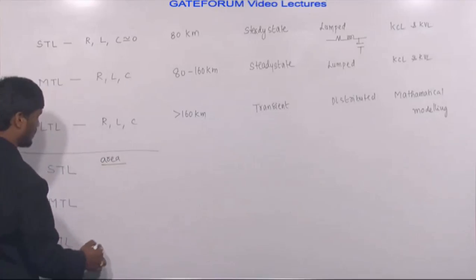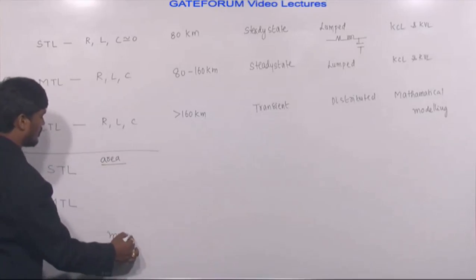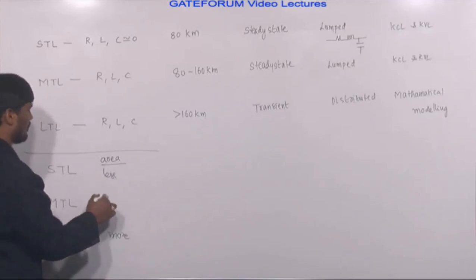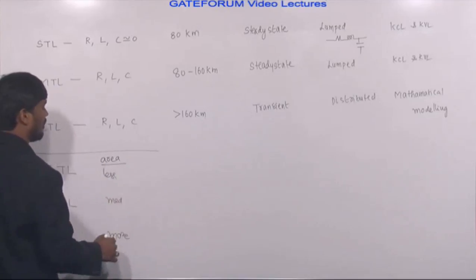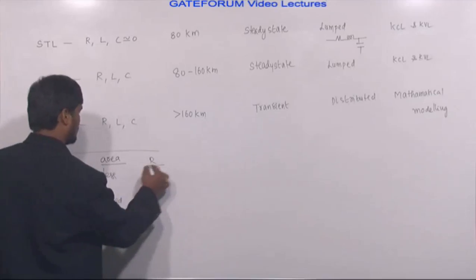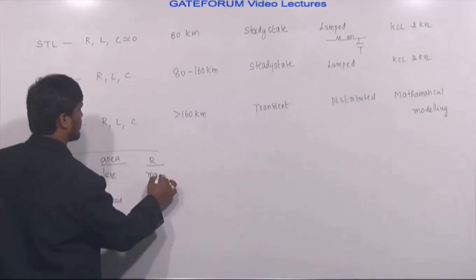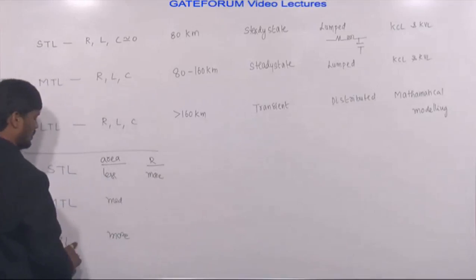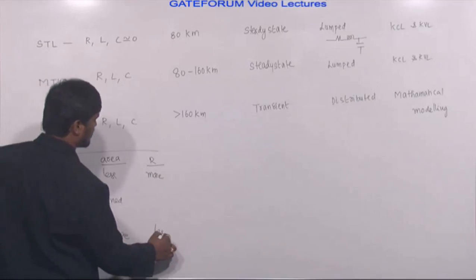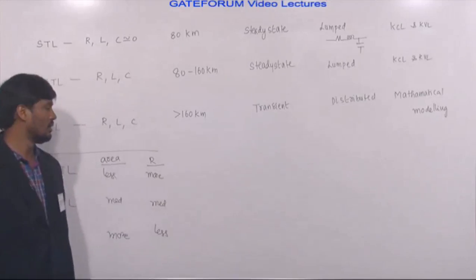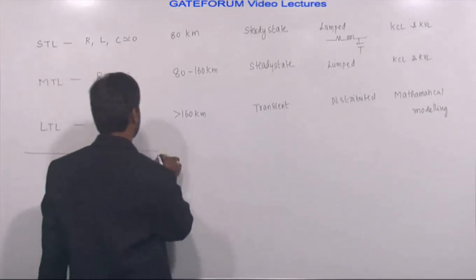Area of cross section of conductor: long transmission line, more; short transmission line, small; medium transmission line, medium. What about resistance? Area less means resistance becomes more, because both are inversely proportional. Area more means resistance becomes less. Here, medium area of conductor gives medium resistance.